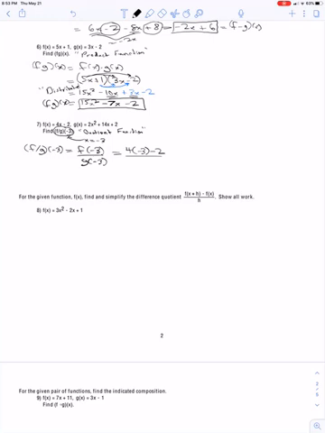Go to your g function, 2x squared plus 14x plus 2. Take out your x terms and plug in your input of negative 3. So that'll be 2 times negative 3 squared plus 14 times negative 3 plus 2.